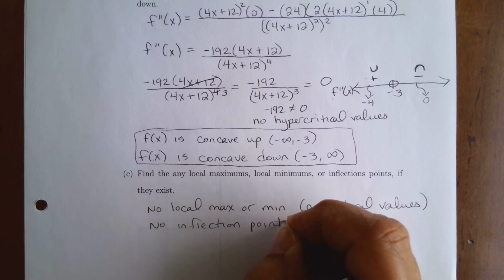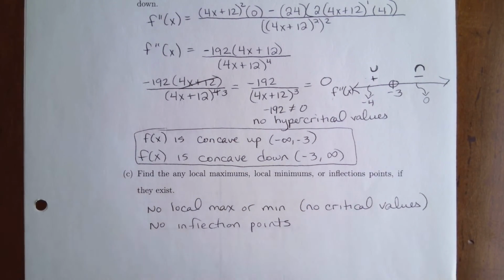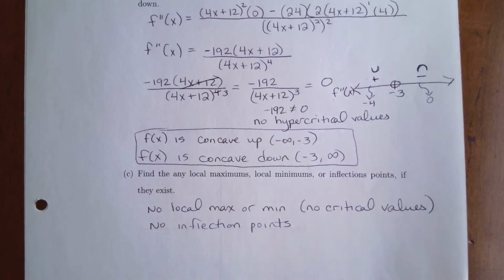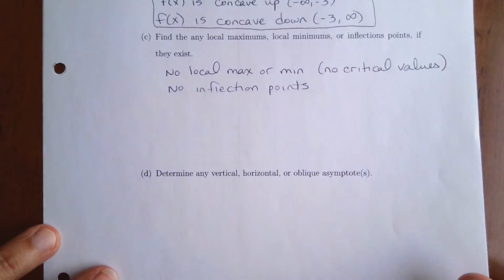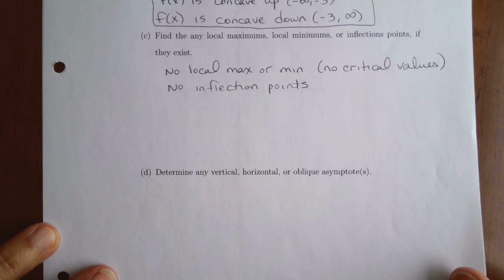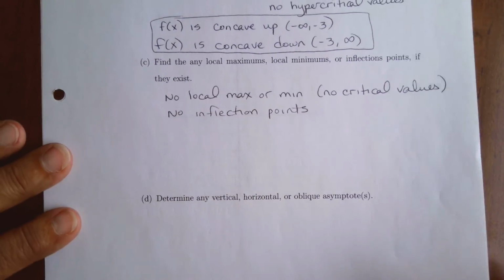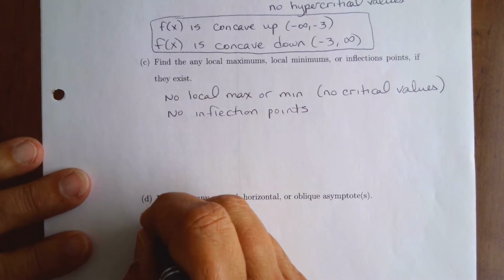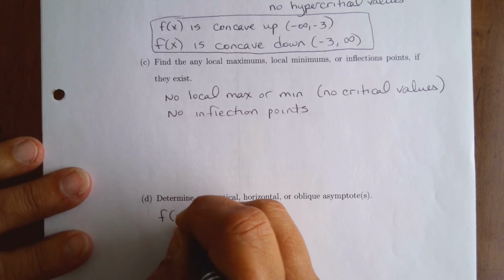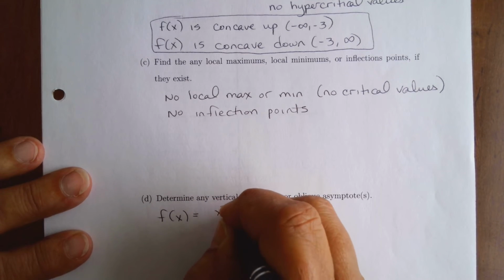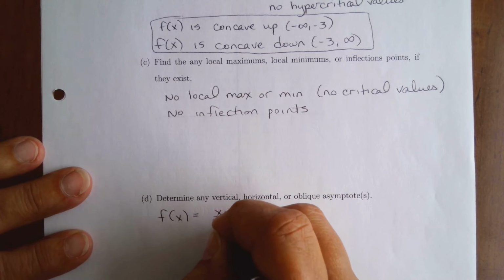Now we're finally down to part D, which is the asymptotes. So we need the asymptotes. Here's the original function: x minus 3 over 4x plus 12.